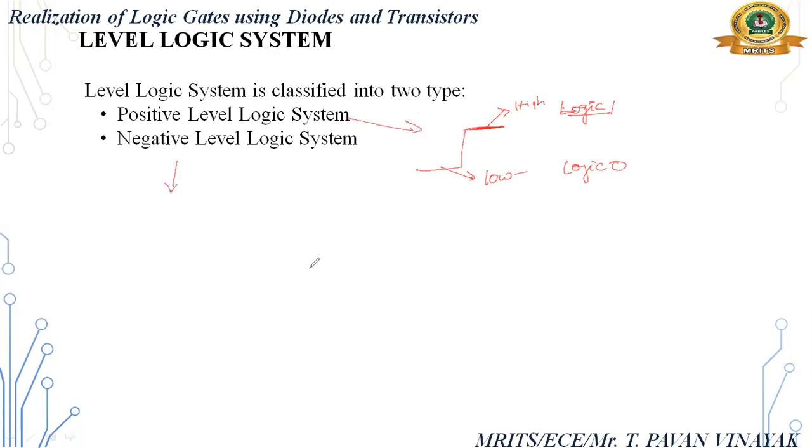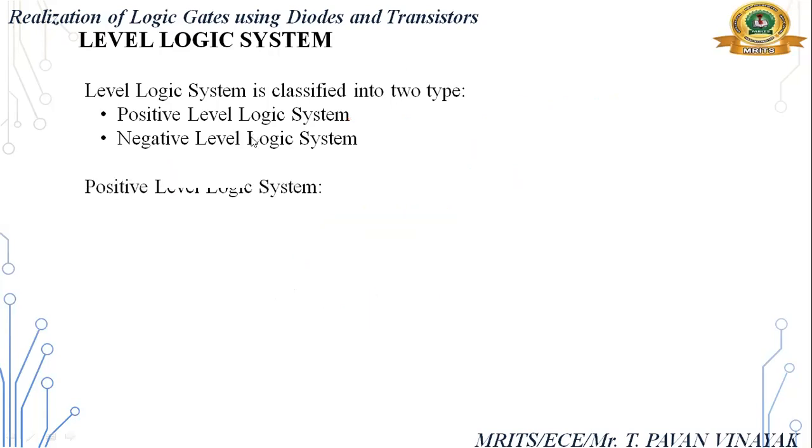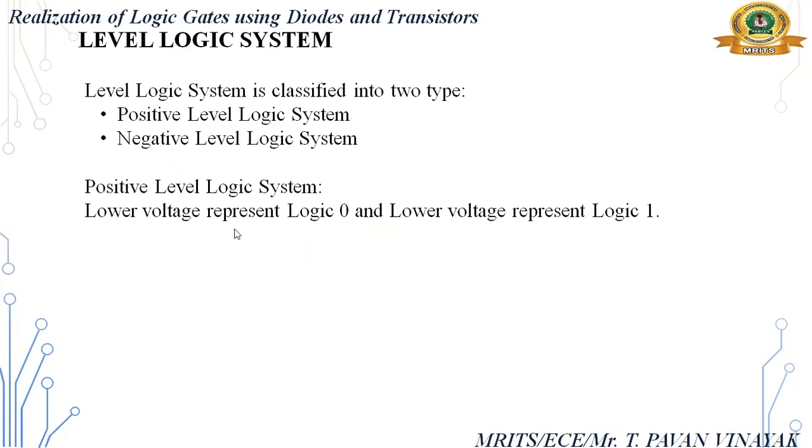Then what is negative? High level represents logic 0, and low level represents logic 1.